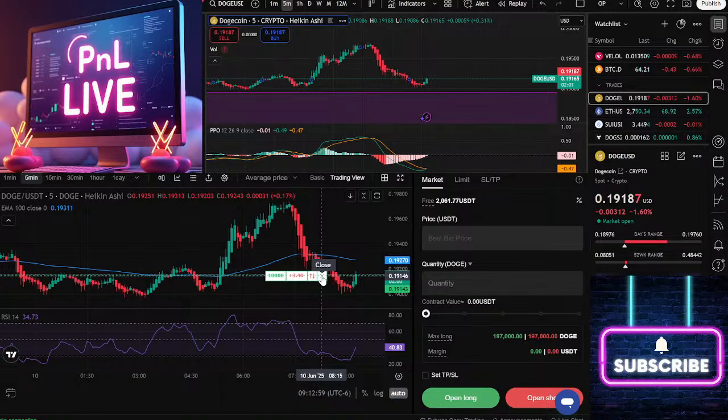Maybe have like a $30,000 contract, which would be me risking $1,500 at 20x leverage, or 50,000, where I'd be risking like 2,500 at 20x leverage on the contract. So far we're up about $5.